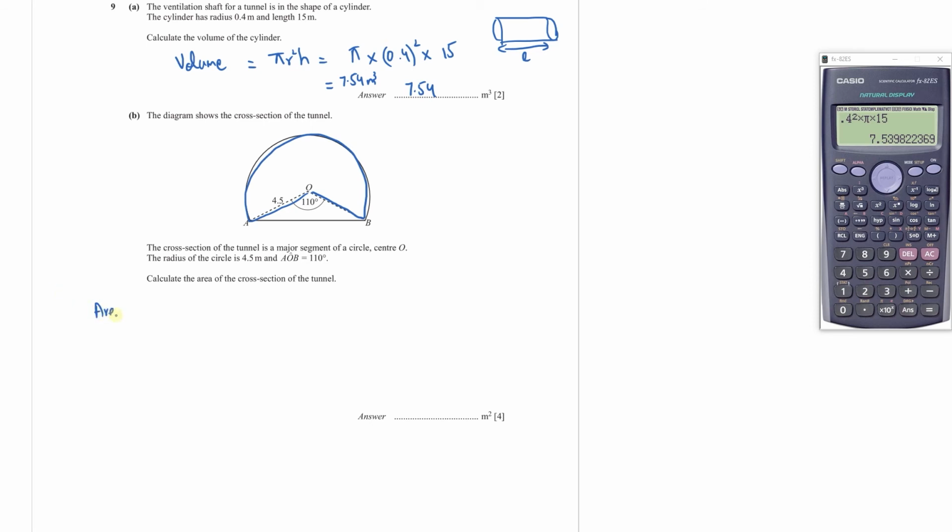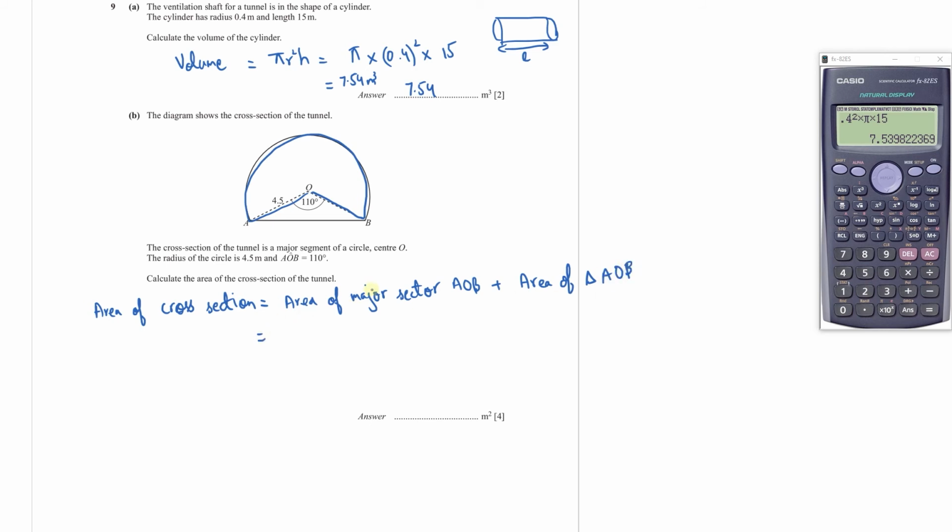So the area of the cross section will be equal to the area of this major sector plus the area of this triangle AOB. So area of major sector AOB plus area of triangle AOB.